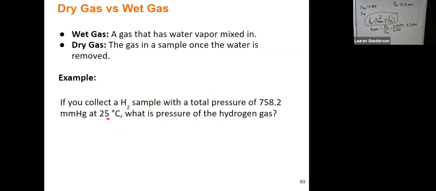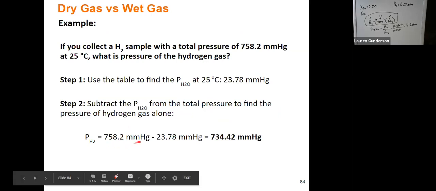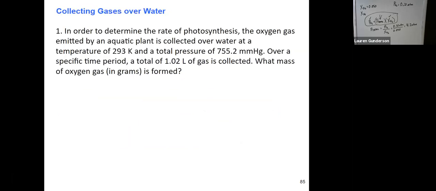Then we would look in our table and see what the vapor pressure of water at 25 degrees Celsius was. Once we do that, we take our 758.2 millimeters of mercury, subtract the vapor pressure of water, and this remaining pressure value, 734.42, is the pressure of our dry hydrogen gas. Okay? Let's look at some examples of this.